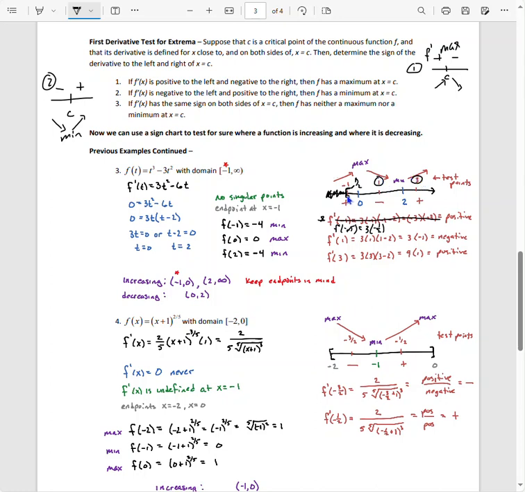So I need to use a value between -1 and 0, a value between 0 and 2, any value will do, and a value larger than 2. All of my test points are going to go up here. And the sign of the derivative is all I'm looking at. I'm looking at whether it's changing positive to negative or not.